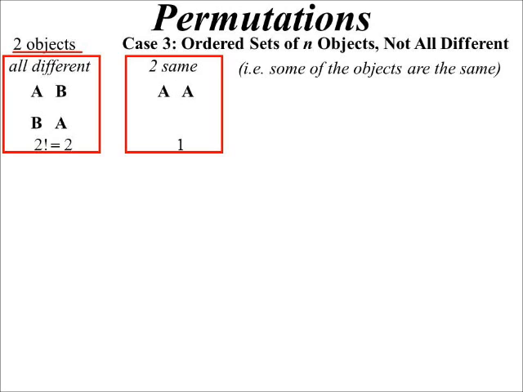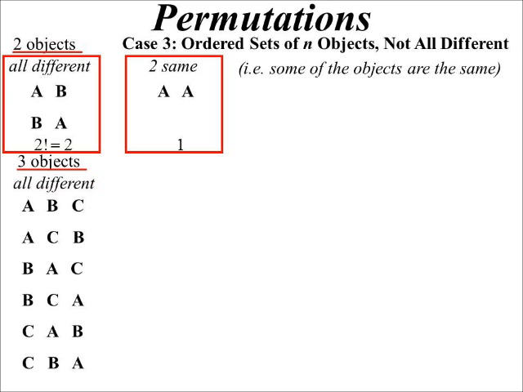Well, how could you turn 2 into 1? Divide by 2? What's another way you could get from 2 to 1? Take away 1, thank you. So the question, well, which one is it? Let's investigate further. All right, we have 3 objects. Now, if they're all different, there we go: ABC, ACB, BAC, BCA, CAB, CBA.